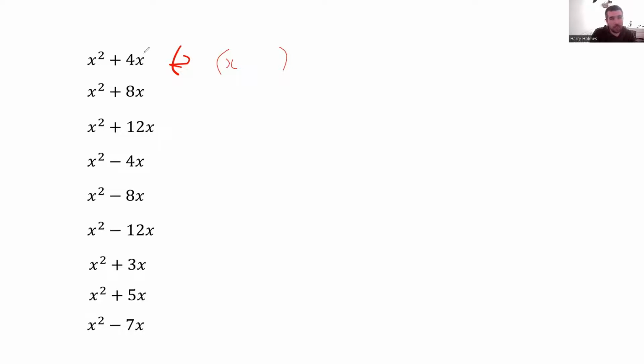The number in front of the x is 4, so it's going to be x plus positive 2. So x plus 2 squared minus this number here, squared. So minus 2 squared. No need for the bracket whatsoever. And now x add 2 squared, take away 4. That is the answer to question 1.